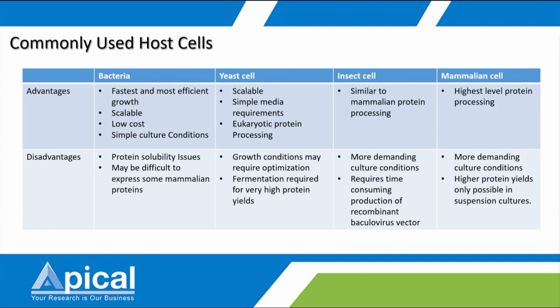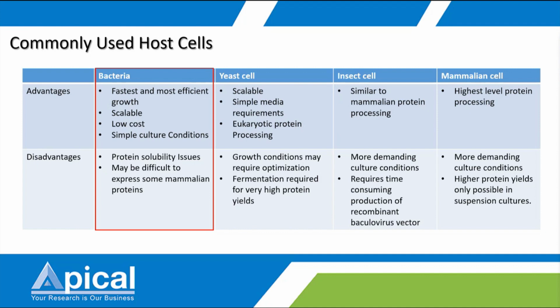Okay, transformation actually refers to the uptake of the recombinant plasmid into a host cell. There are many types of host cell that can be used. Bacterial cell is the most commonly used because it gives the fastest and most efficient growth at a lower cost, and the culture process for bacteria is very simple.